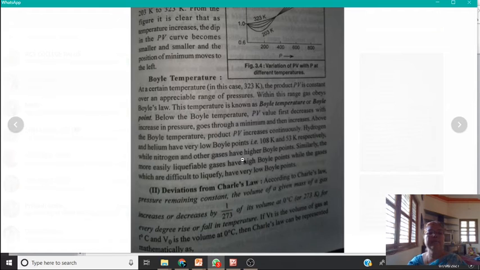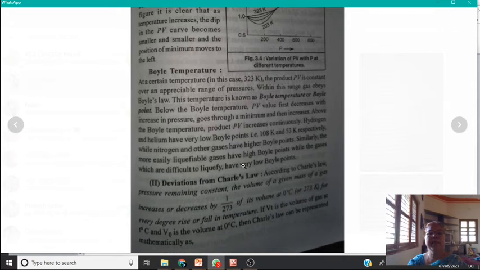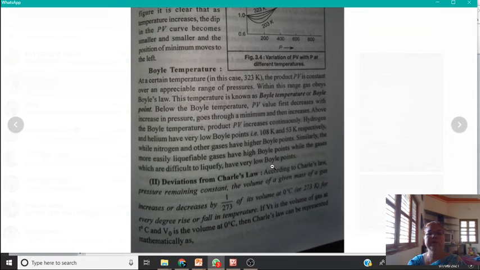Hydrogen and helium have very low Boyle temperatures, 108 Kelvin and 53 Kelvin respectively, while nitrogen and other gases have higher Boyle points.